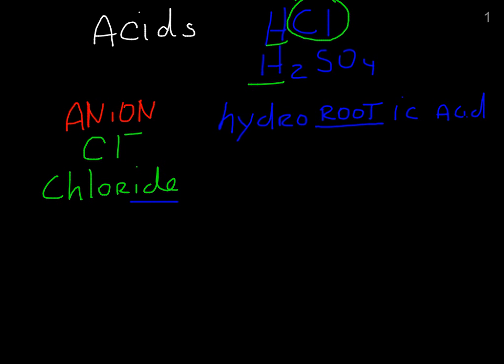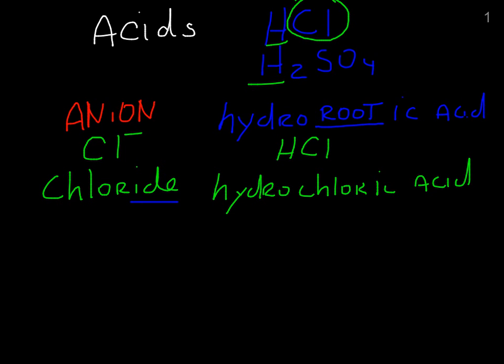The acid is HCl, because chlorine is negative one and hydrogen is positive one. And the name will be hydro, the root chlor from the chloride ion, throw an ic on the end of it, acid. So hydrochloric acid.